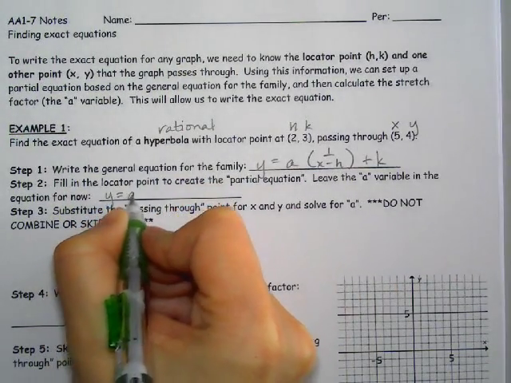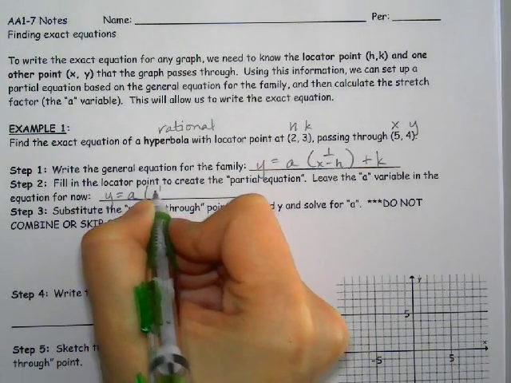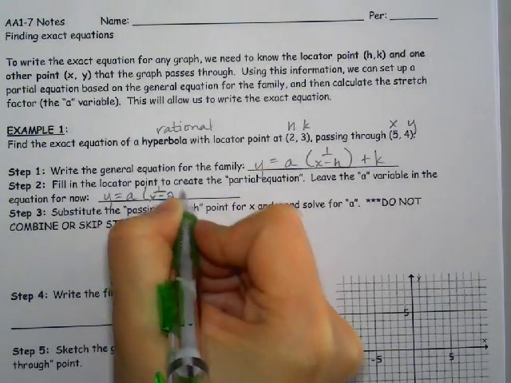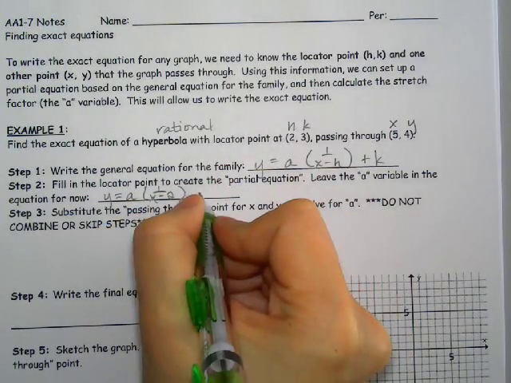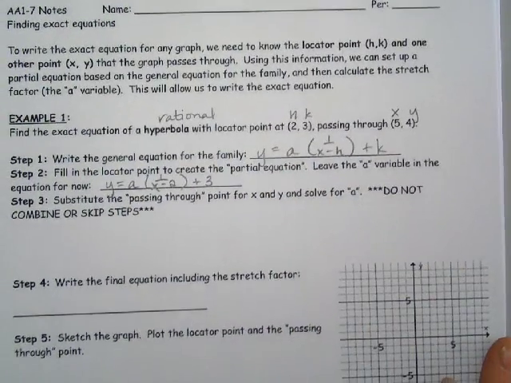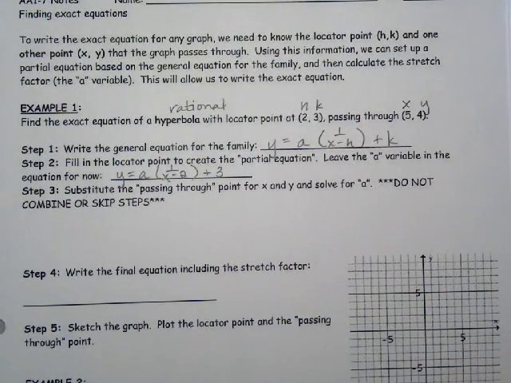So y equals a times 1 over x minus 2 instead of h, and then plus 3 instead of k. And I don't like the amount of space in here for showing the work, but I'm going to do a couple columns probably.